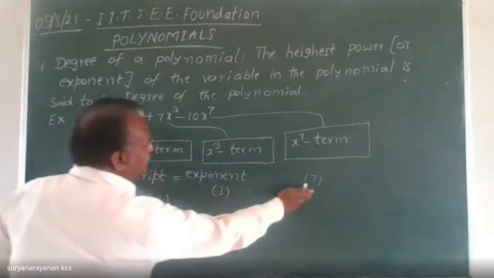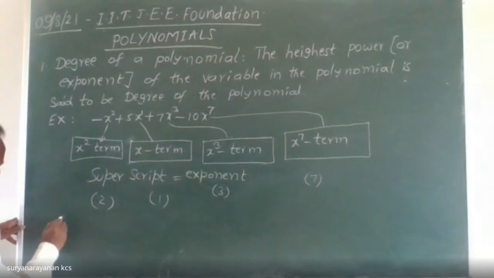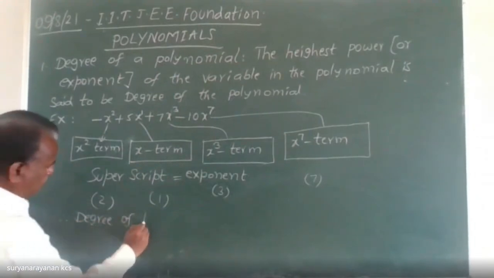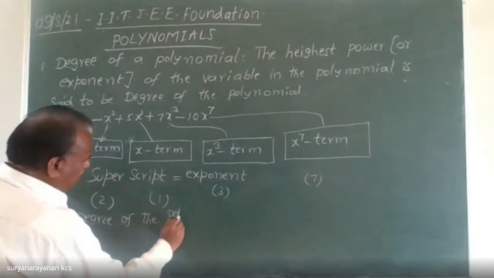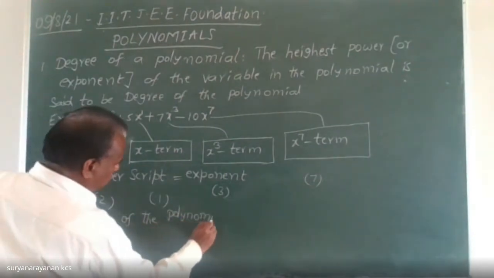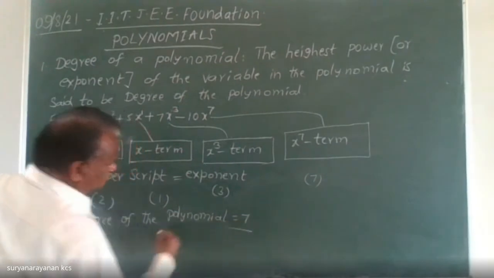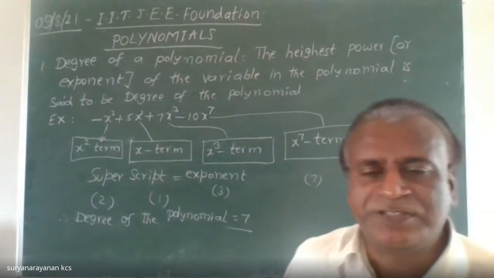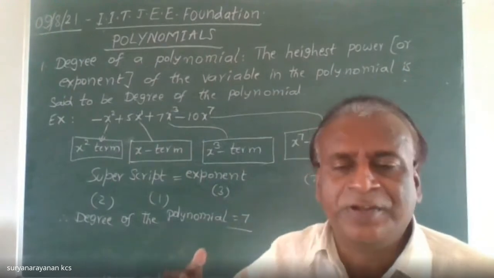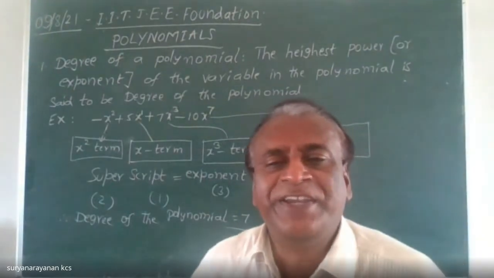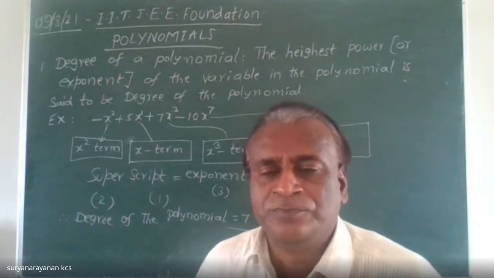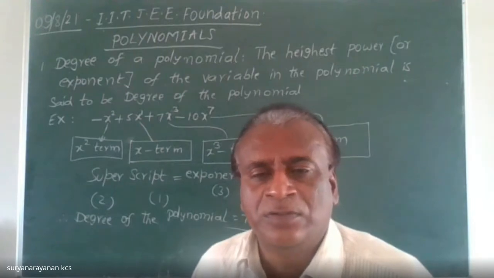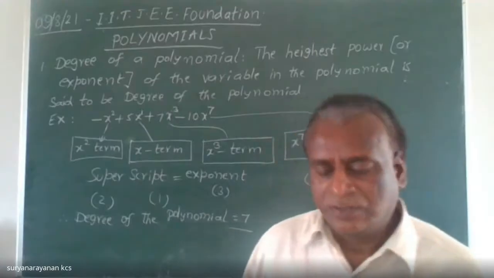Here, 7 is the highest exponent of x. Therefore, the degree of the polynomial is equal to 7. Understood this point, my dear children? How to identify the degree of a polynomial. Is it clear? Yes, sir.